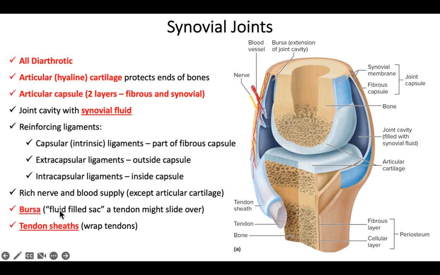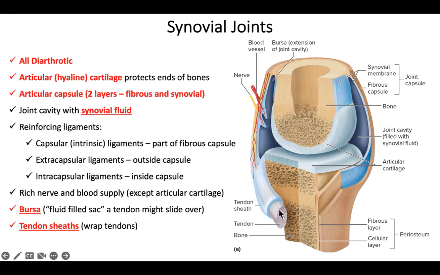A bursa is a fluid-filled sac that might cushion a tendon. You don't want the tendon sliding up against the bone, so you can protect it there. And then you might wrap one of these bursae right around the tendon. So it's kind of a fluid sheath that surrounds a tendon.